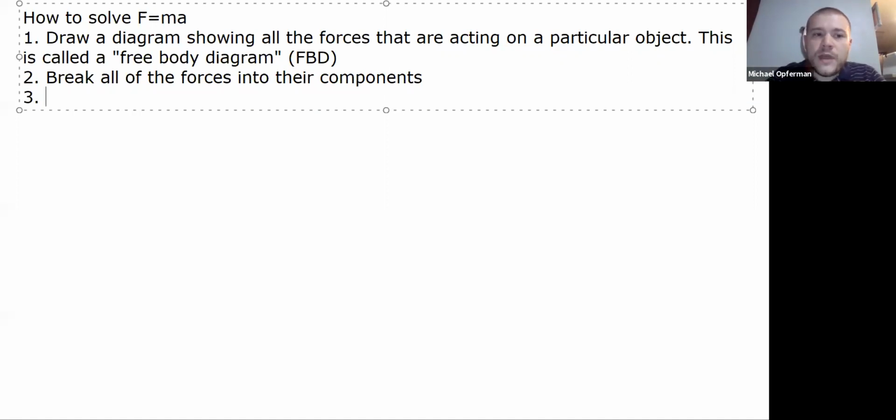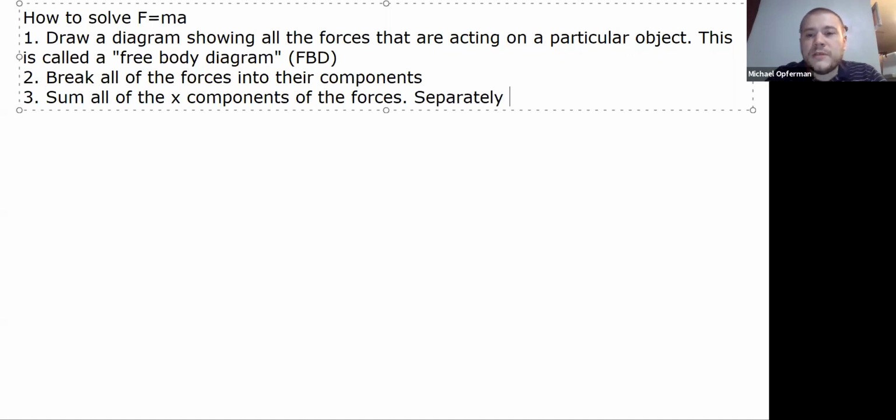Then the next thing you do is sum all of the x components of the forces, and you separately sum all of the y components of the forces.